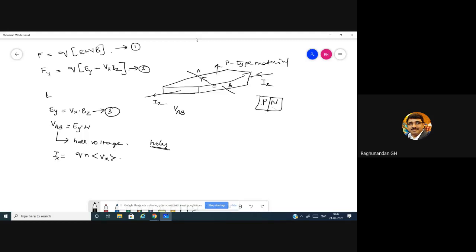Since Q indicates the charge of the carrier, and the charge carrier is positive, we will be taking it as Q. If you are dealing with electrons, then you have to insert minus. Since we are talking about hole current, it is Qn into Vx.